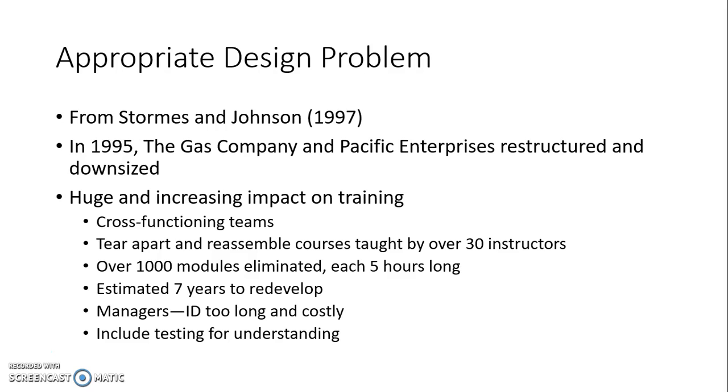Over 1,000 modules were eliminated. Each of these modules might be at least 5 hours long. It was estimated that it might take 7 years to redevelop everything. The managers felt that the instructional design was just going to be too long, too costly, because they also wanted testing for understanding as well.